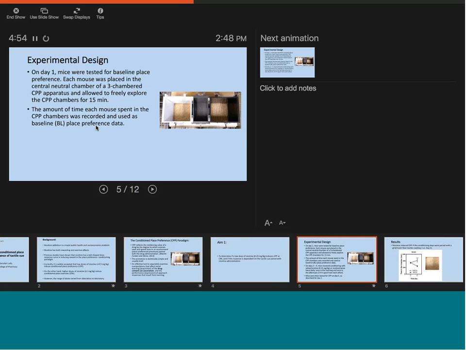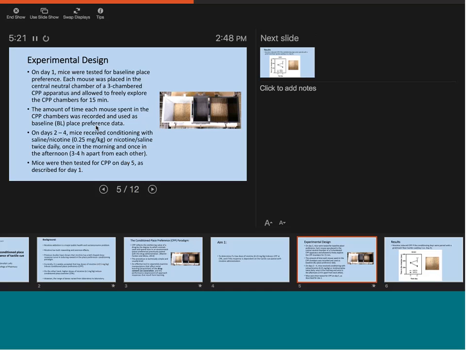We looked first at the baseline, letting the animal roam for 15 minutes, and recorded the time spent in all three chambers. Once we did that, we established which chamber we were going to condition them in. So on the second day through the fourth day, we would treat with nicotine or saline in each chamber.